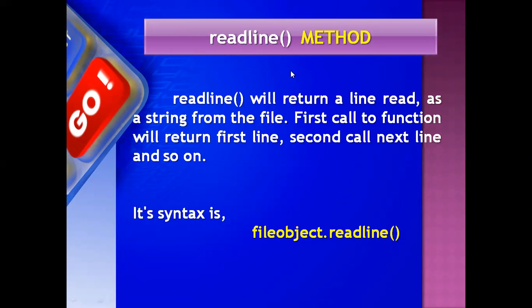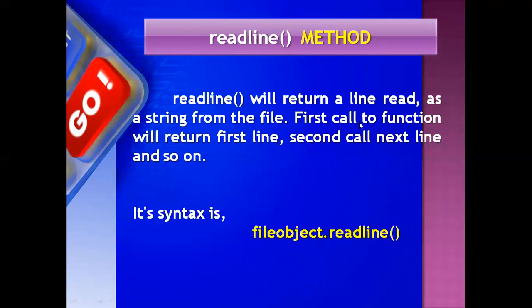See here, readline will return a line read as a string from a file. The first call to the function will return the first line, the second call the next line, and so on.